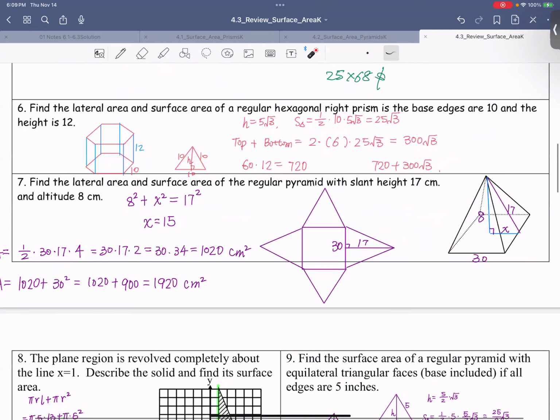Let's see number 6. They want you to find the lateral surface and the total surface of a regular hexagon. We did this same question just now, right? Yeah. You can draw this hexagon split into 6 equal equilateral triangles, and each edge is 10, so you can have the altitude calculated quickly.